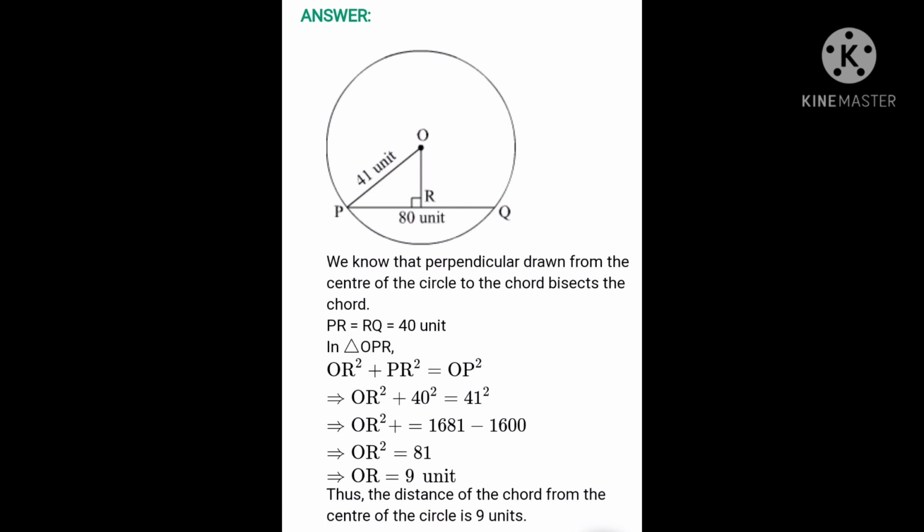Then we get OR square is equal to 81. 1681 minus 1600 is 81. So OR square is 81. Then OR is nothing but 9 unit. The unit in this question is unit, so that's why you have to write the answer in terms of unit. So therefore the final answer, the distance of chord PQ from center is 9 unit.